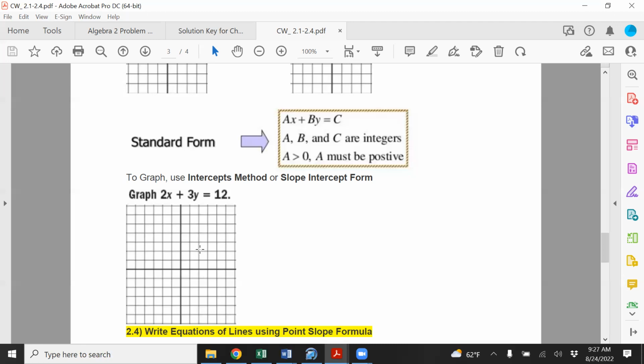There's another technique called the intercepts method. If you so desire, I'll just show it to you just so I've talked about it. You could have done this also.